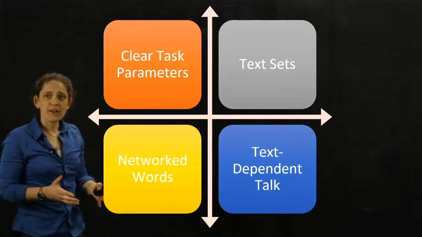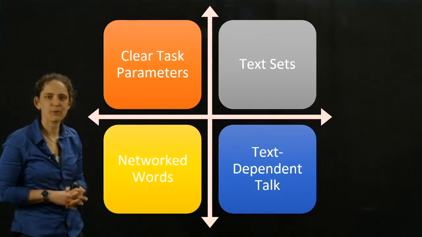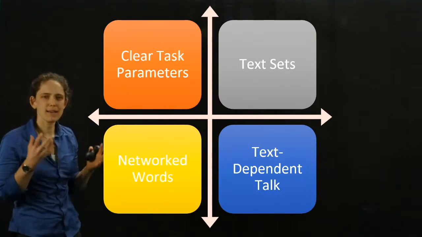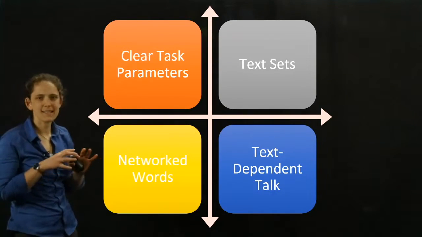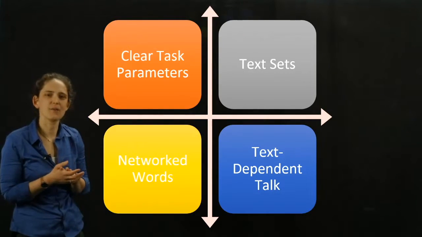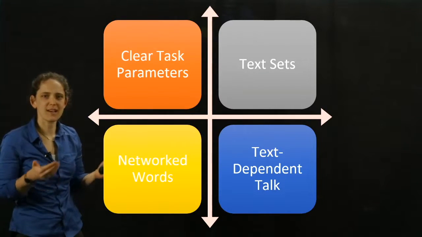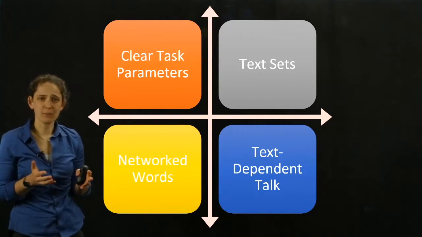So these are our four. Our idea at the beginning of the year is to set really clear task parameters. We're going to think about the networks in which words exist and how to make networked connections in our minds about them. We're going to present text in sets of ideas with multiple representations of the most important ideas we want to teach and multiple pathways for students to come into different concepts and understand how they appear in different places in the world.